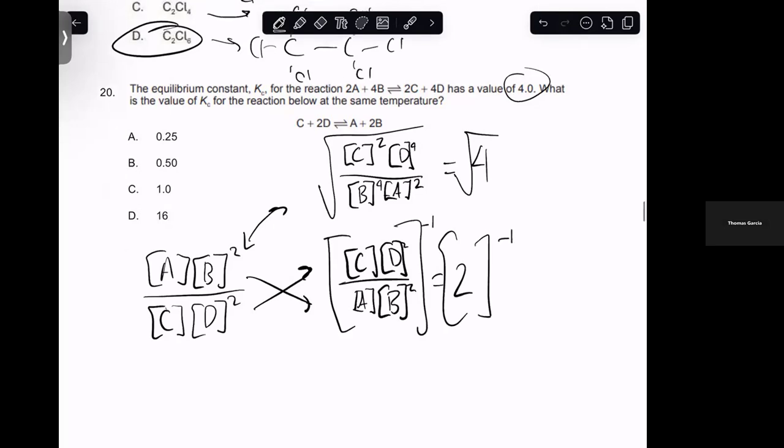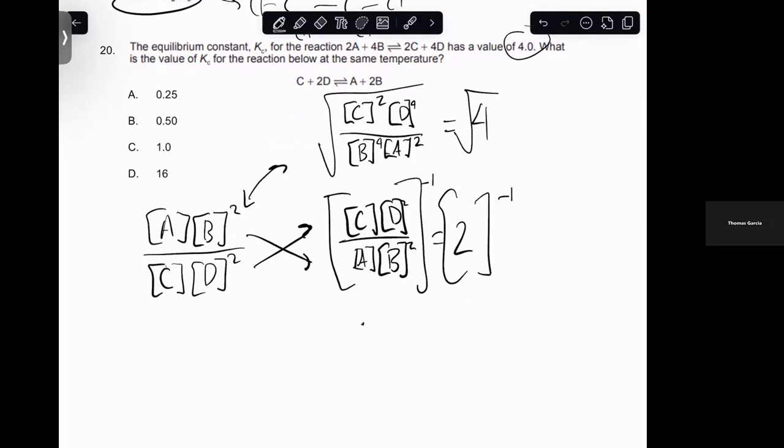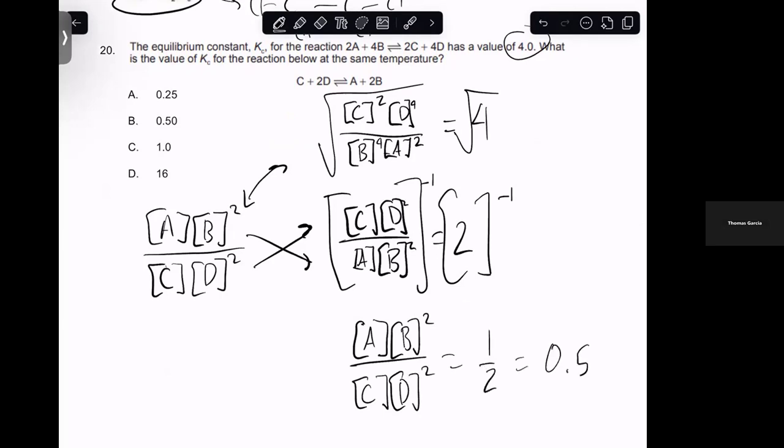I take the inverse. So that's going to get me A on the top, B squared, over C on the bottom, D squared. And that's going to get me 1 over 2, which is 0.5. And there it is. This whole thing is honestly just which algebraic operations can I use to achieve what I want. And that's it.